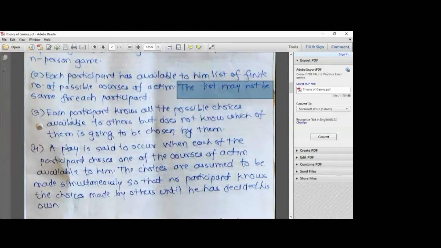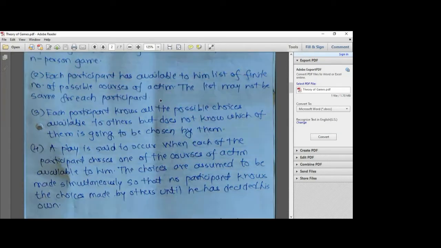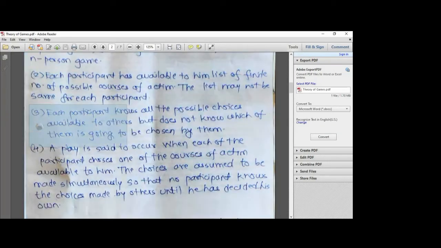So every participant will have his own list, and the other point is interesting. Each participant knows the possible choices available to others, but does not know which of them is going to be chosen by them. So in a two-person game, if I am playing with the other, I know what possible choices that participant has, but I don't know when he is going to select any one of them and throw it upon me, right?